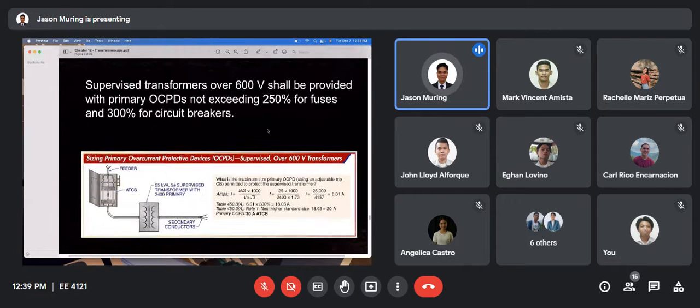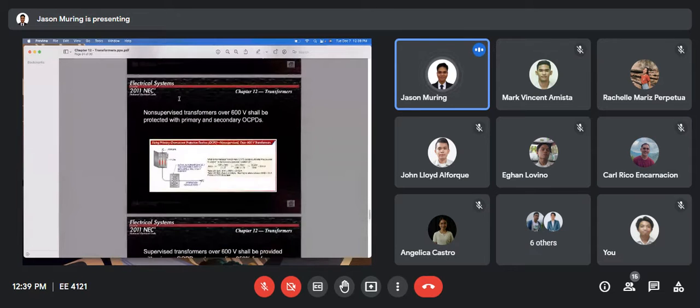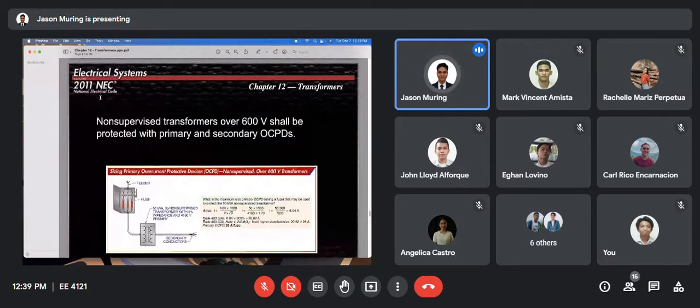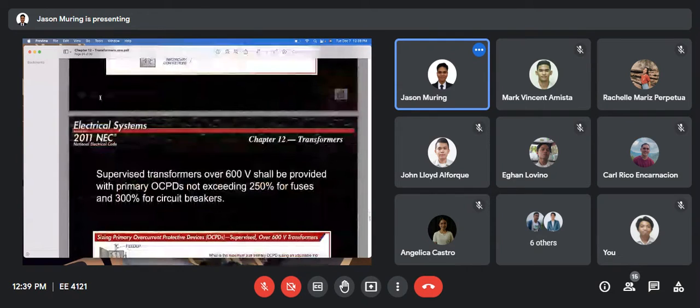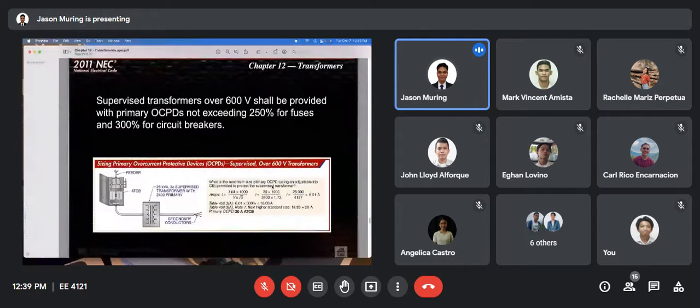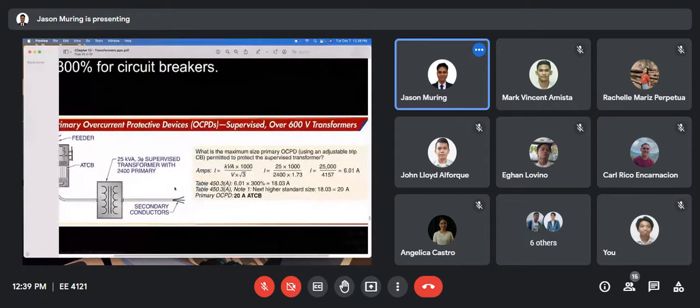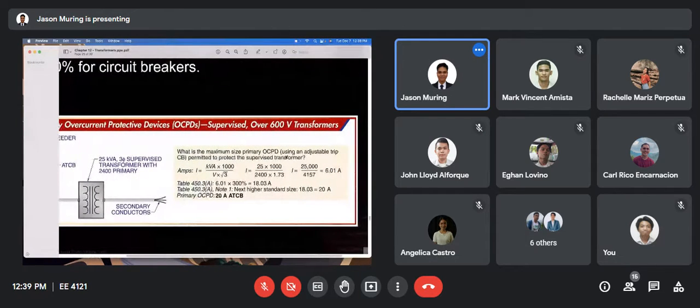So probably something has changed already, because this National Electrical Code is based on 2011, while this table is 2017. So we use this 250 or 250. Then what is this one? Using an adjustable trip is permitted to protect the supervised transformer.